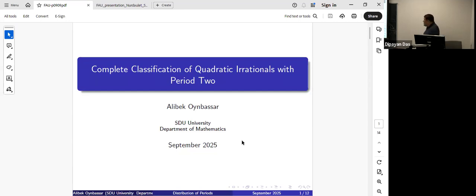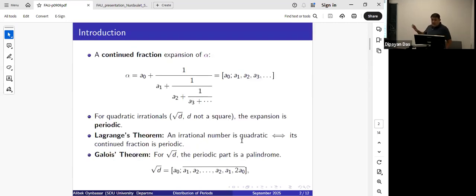Here we will also talk about the continued fraction, because Nurdaulet and I have the same supervisor and are working in almost the same direction. As he mentioned, he has the general continued fraction, and mine is the simple version. Usually we use this notation instead of writing all that.